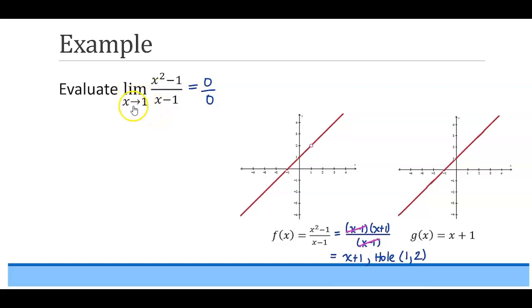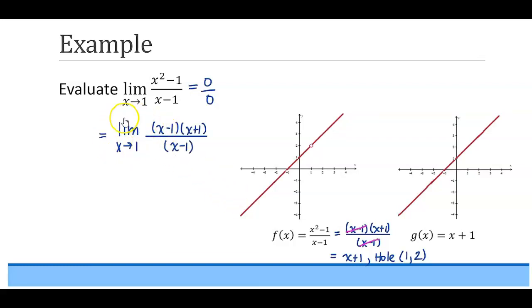So here, I'm going to factor the numerator in the same way that I did in the first step for graphing. So we're going to have the limit as x approaches 1 of, in the numerator, x minus 1 as a quantity times x plus 1 as a quantity, all over the quantity x minus 1.